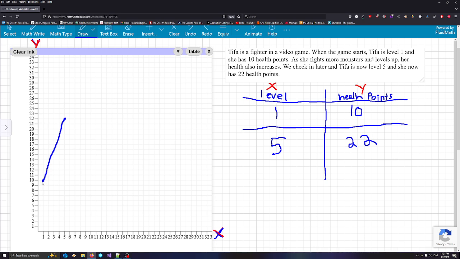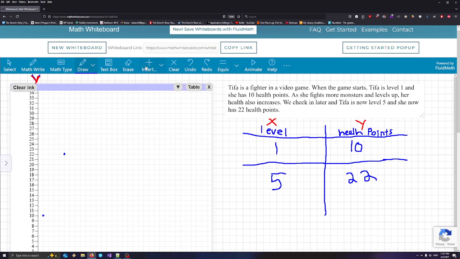We could actually extend the line as far as we want, if we assume it's going to trend that way. I'm going to try to clean that line up a bit for us.